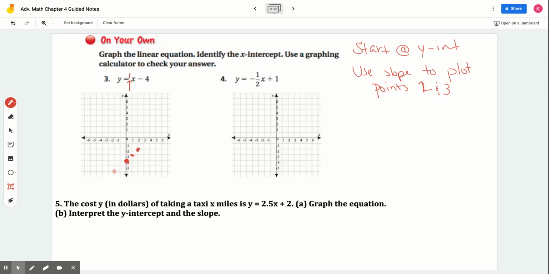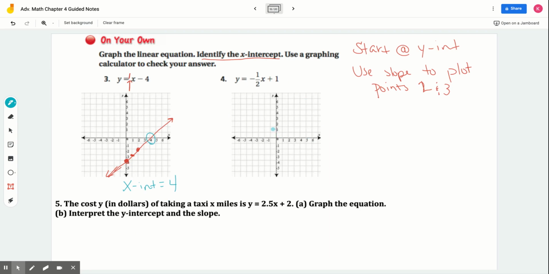Now we're going to connect those 3 points with as straight a line as possible. And then we can identify the x-intercept. Where does it cross the x-axis? If I look at my x-axis, we can see it crosses right here at 4. So my x-intercept is equal to 4.